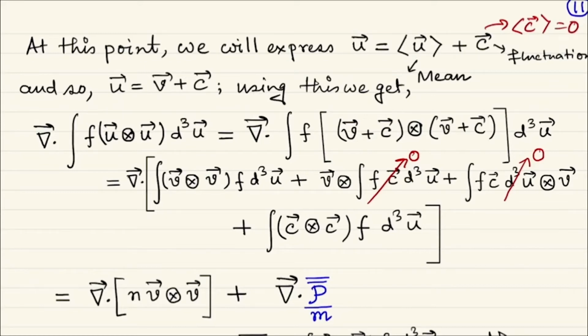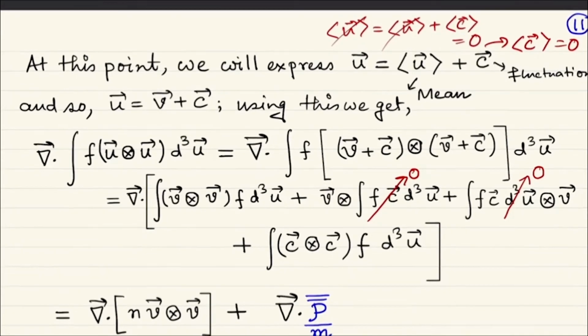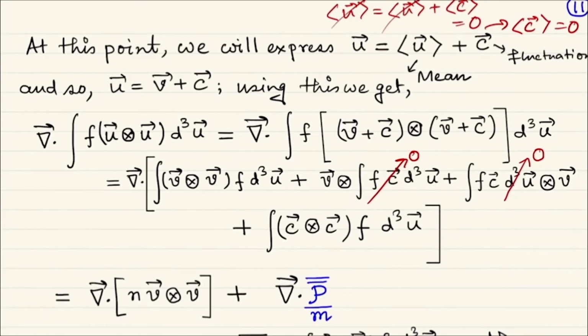The statistical average of the fluctuation is always 0, because if you do the average on both sides, the average of u equals the average of u plus the average of C, and these cancel each other, giving the average of C equal to 0. That is easy to see.